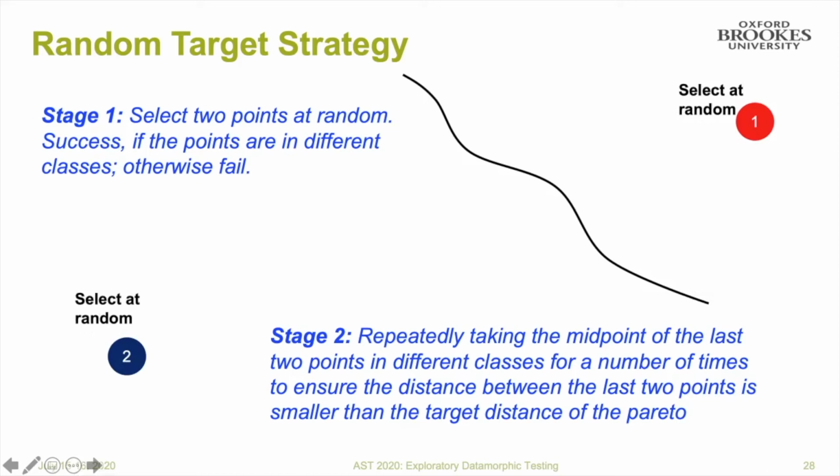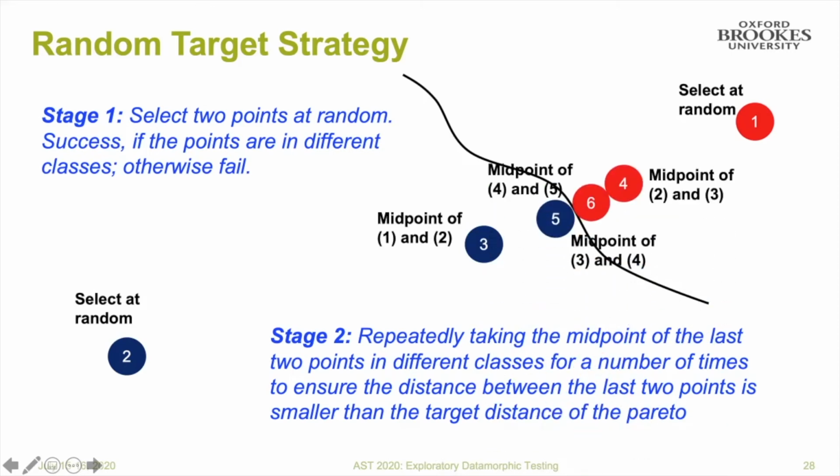If the 2 points are in different classes by the classifier, then we move to the second stage. In the second stage, we repeatedly take the midpoints of the 2 points that are in different classes for a number of times until the distance between the 2 points of different classes is small enough. Therefore, they can be included in the parental front.